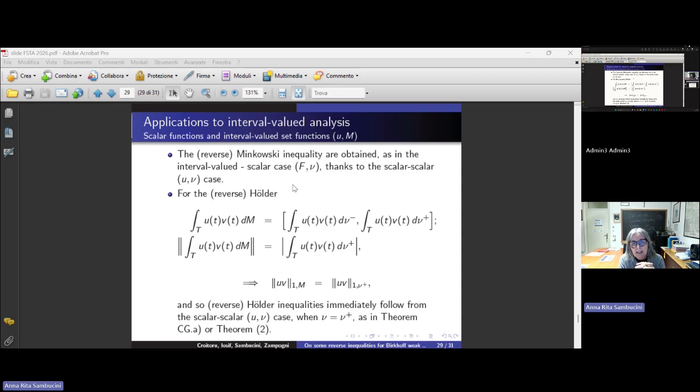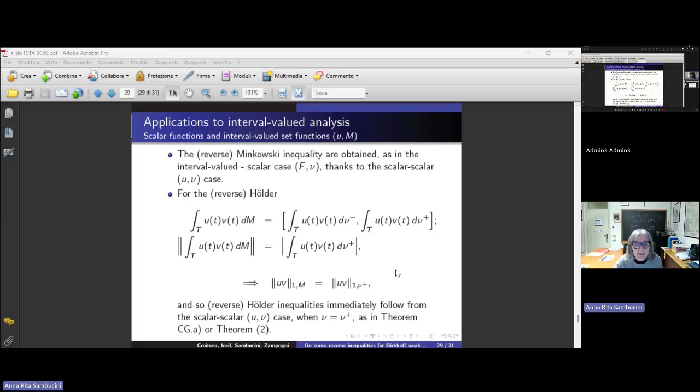For the reverse order, we have only to observe that if we have the product of two functions u and v integrable with respect to capital M, this is exactly this interval, and in order to have the distance between this element and zero, we have to take only the right endpoint of this interval.